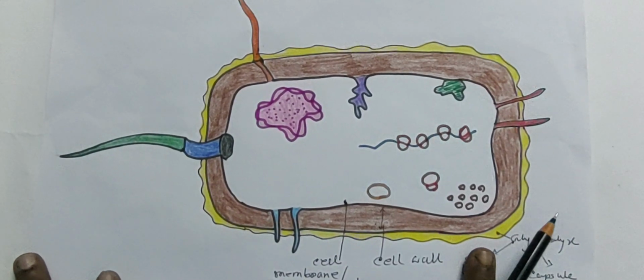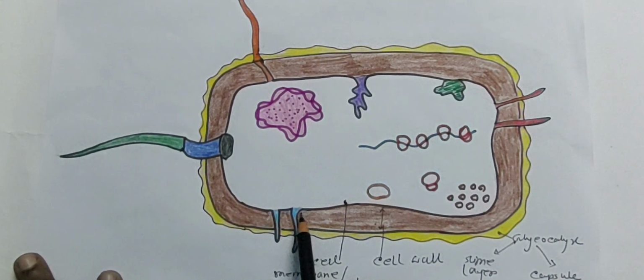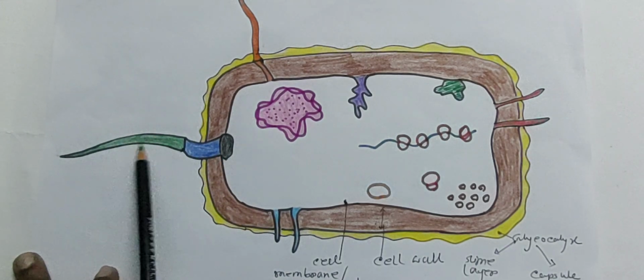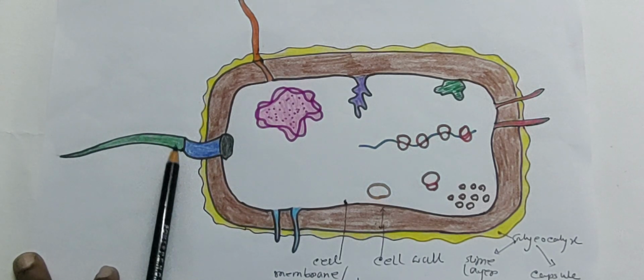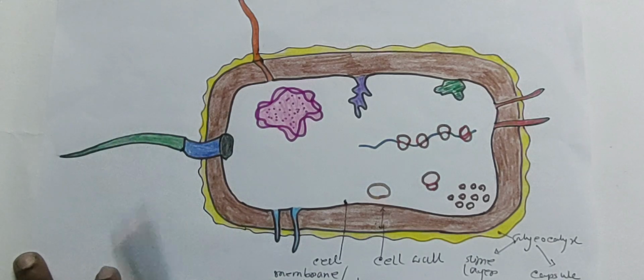Now there are some other structures at the outer covering. This is called the flagella, which arises from the plasma membrane. A flagellum has three parts.